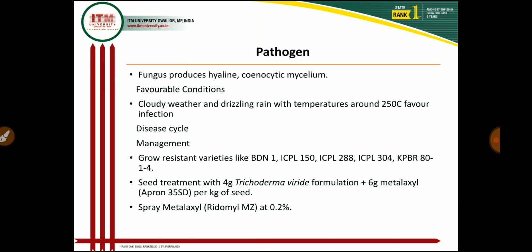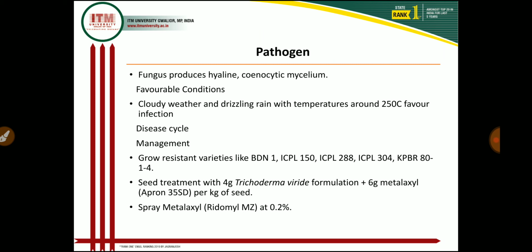In favorable conditions, cloudy weather and drizzling rain with a temperature around 25 degrees centigrade favor infection, which requires continuous leaf wetness for 8 hours to occur. Then warm and humid weather following infection results in rapid disease development and plant death, and soil with poor drainage, low-lying areas, and heavy rains during the months of July to September favor disease development in the pigeon pea crop.